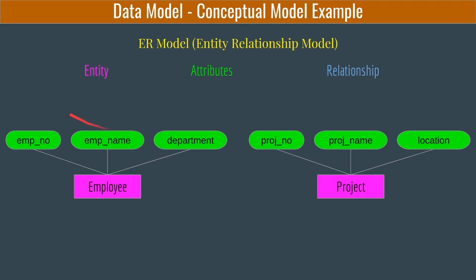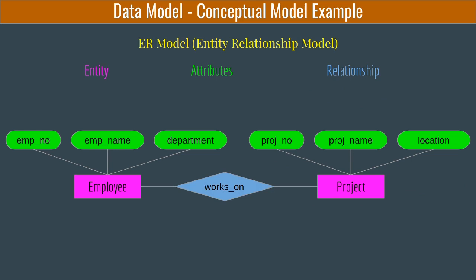So what is an entity? Entity is any real world object. Okay, it may be an employee, it may be a project, it may be a student, it may be a customer, and so on. Each of the entities will be described with the help of some attributes. And we need one more term here, and that is called relationship. So now we have 2 entities, but they should be related in some way, and that is called a relationship.